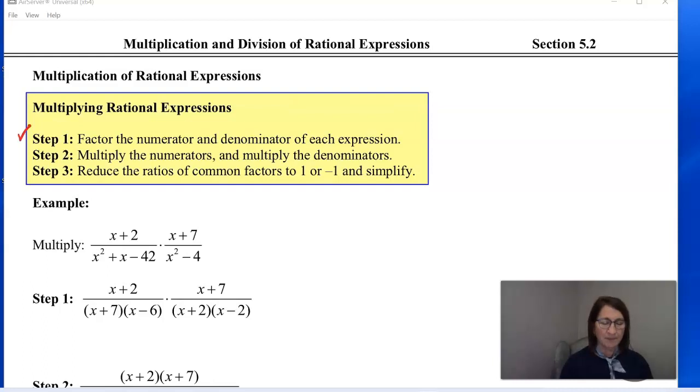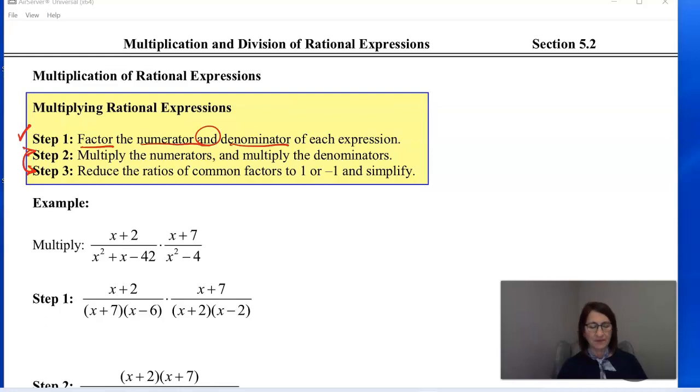Our first step: factor the numerator and the denominator of each expression. Then we're actually going to reverse steps 2 and 3, and we're first going to reduce the ratios of common factors. And then lastly, we'll multiply the numerators and multiply the denominators.